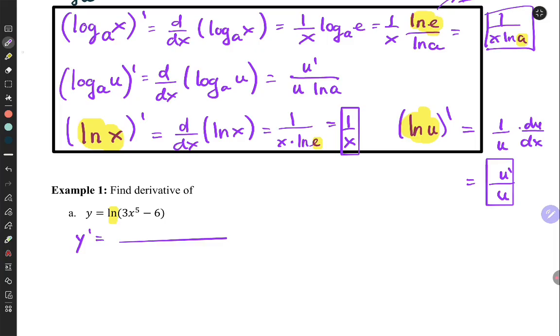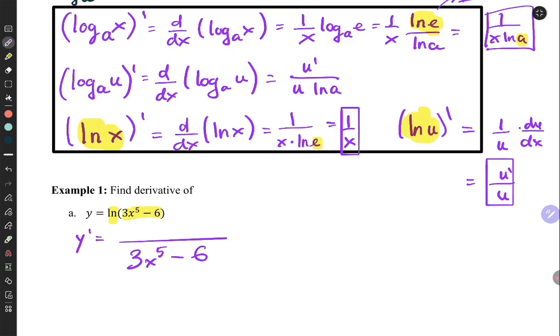U in this case is 3x to the power 5 minus 6. So according to the formula, 3x to the power 5 minus 6 stays in the denominator, u down there, and u prime over u.